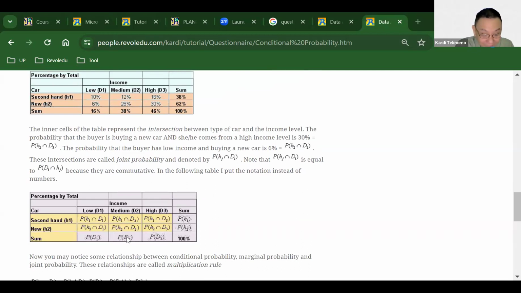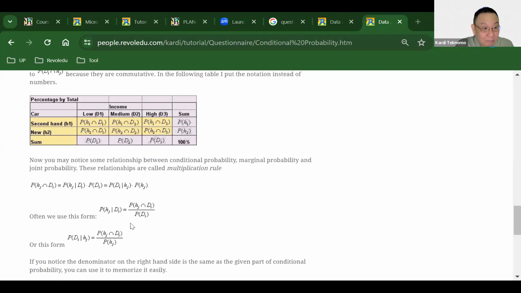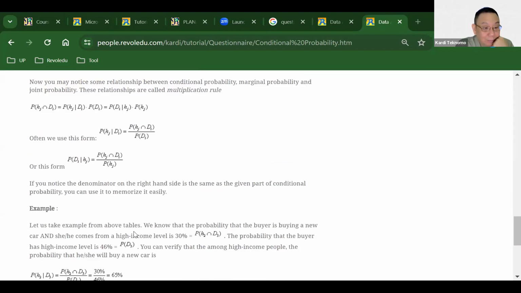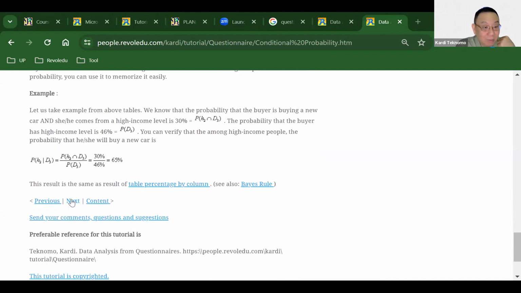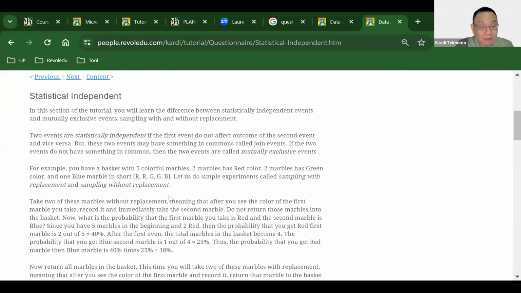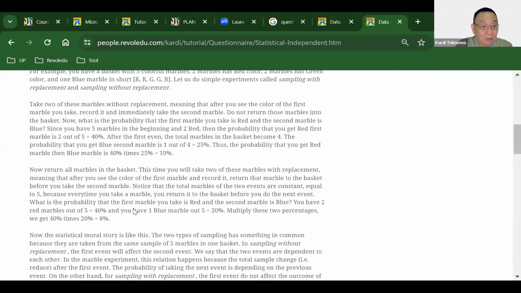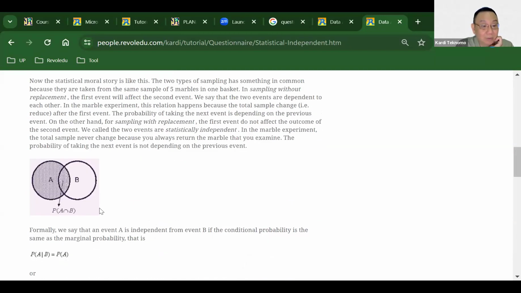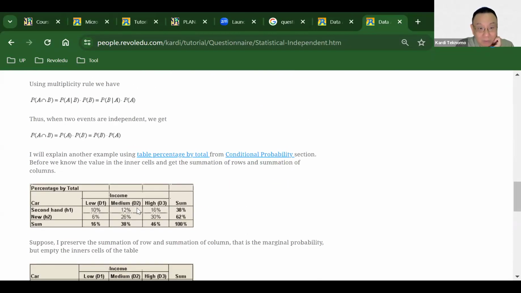Is that okay? So because of that, we can now compute it to test whether, given the table that you have, we can test whether they are independent or not.